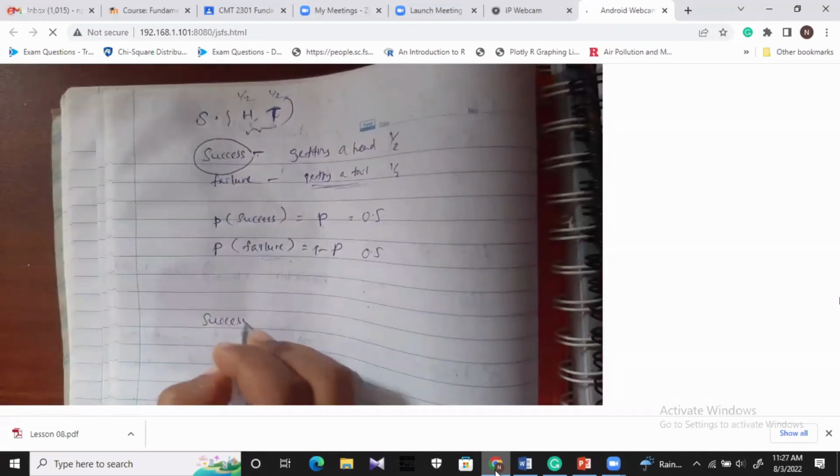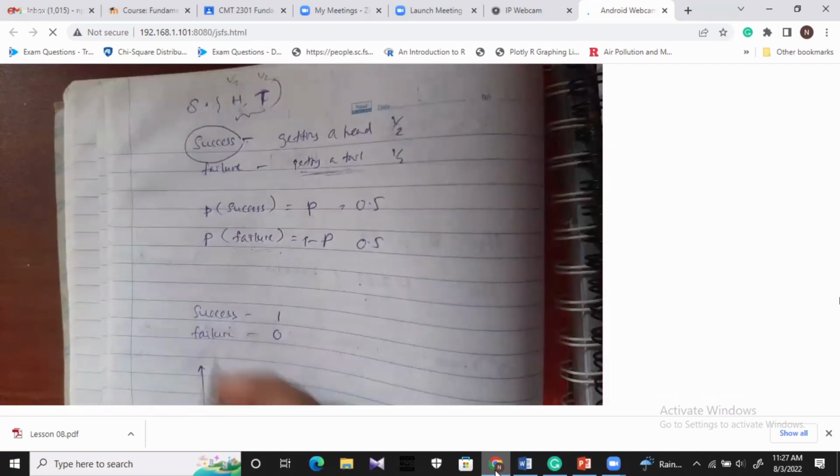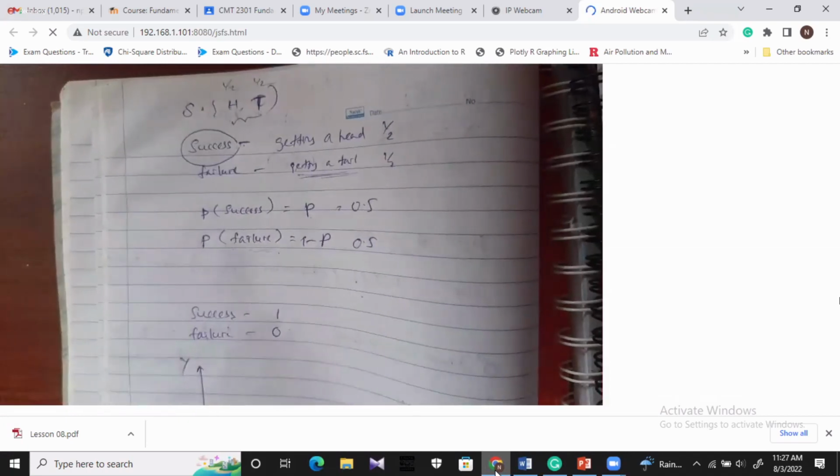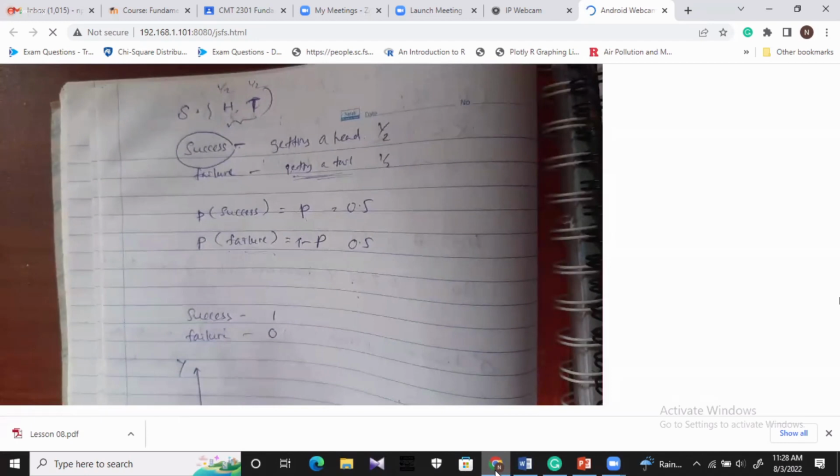Understand? Here, success is labeled as 1 and failure is labeled as 0. So if you draw this situation in an XY coordinate system, this is 0, this is 1.